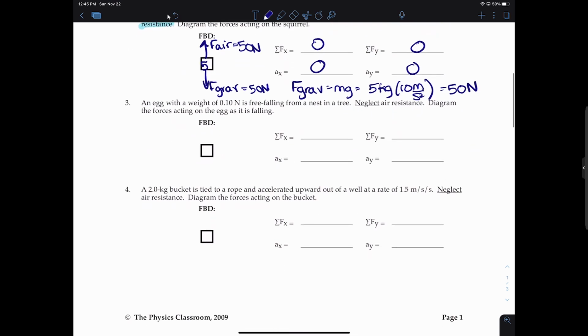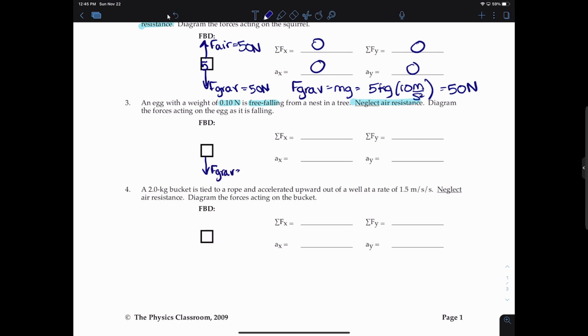So then number 3. An egg with a weight of 0.1 newtons is free falling from a nest in a tree. We're going to neglect the air resistance. Diagram the forces acting on the egg as it's falling. So we know here that we have the force of gravity.